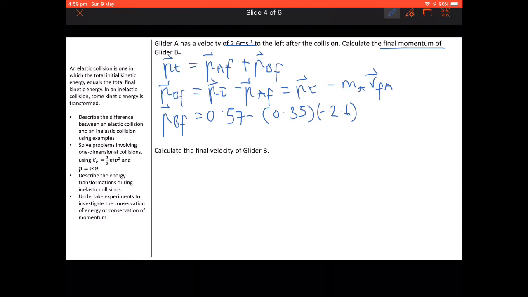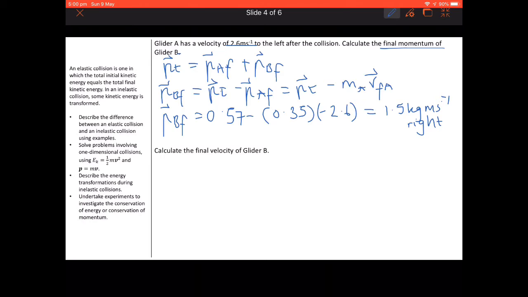It's to the left, so it's going to be minus. If you pop all of that into your calculator, the final momentum for glider B is 1.5 kilogram meters per second. And because it's a positive number, it means that it's going to be to the right.